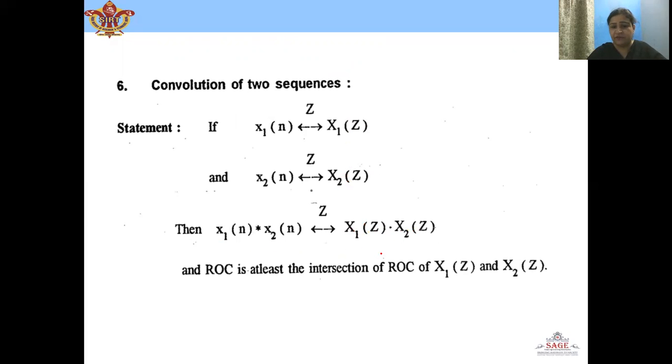And the ROC will be the intersection of the ROCs of these two z transforms, X1(z) and X2(z).